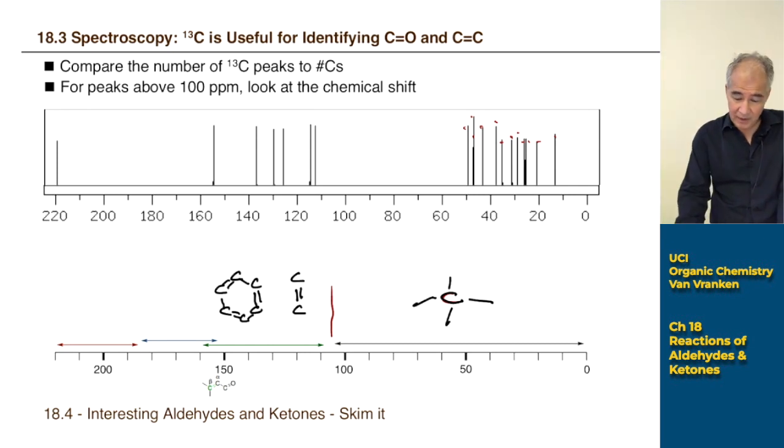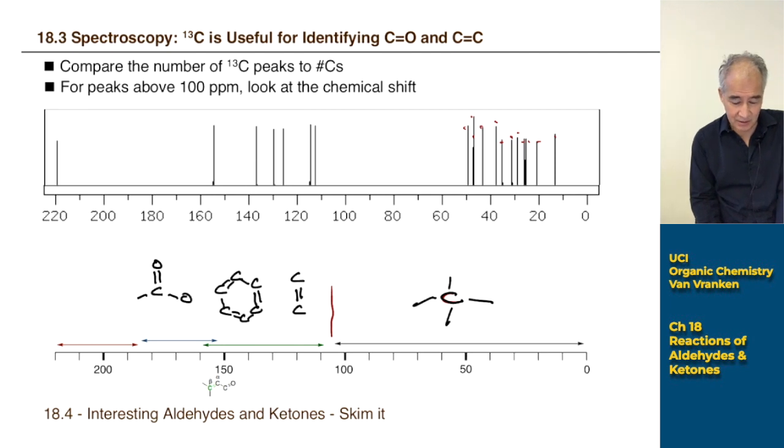Now over here in this range, about 155 to about 185, that's carbonyl groups, but not just any carbonyl group. We can be very specific. It's carbonyl groups attached to some sort of heteroatom.